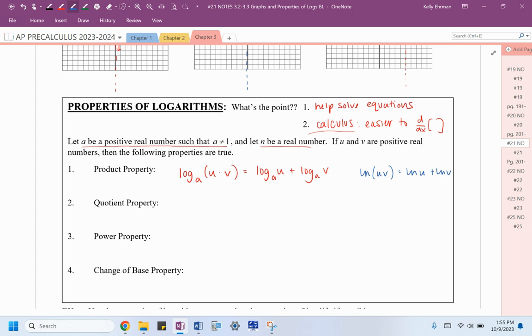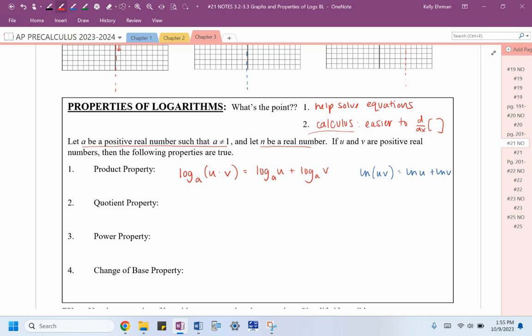Why is this true? Remember, when you evaluate a logarithm, you're finding the value of an exponent. So if we're multiplying two numbers with exponents together, we should be adding the exponents. You can think of exponent rules to help you remember these properties. So multiply means add logarithms.